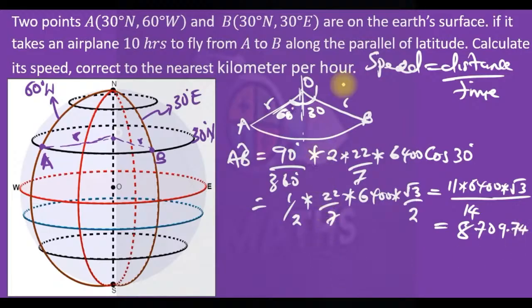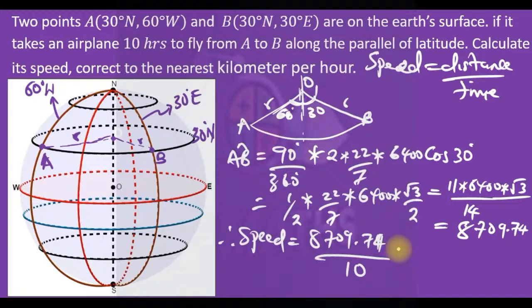Kilometer. But remember, we are asked to find the speed, not the distance. Therefore, the speed is 8,709.74 over 10 hours.